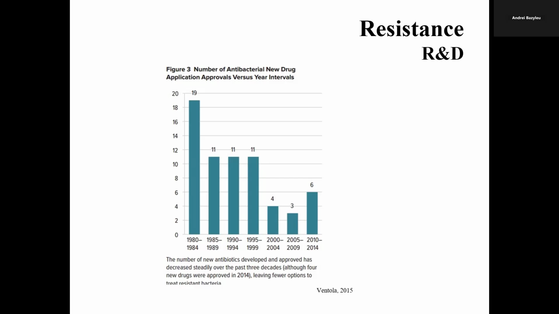It has been found in some cases for certain antibiotics that it takes a year or even less for the bacteria to become resistant to the novel antibiotic that the pharmaceutical company just came up with and spent hundreds of millions of dollars to find, to research, and to approve, to show that it's safe and effective.